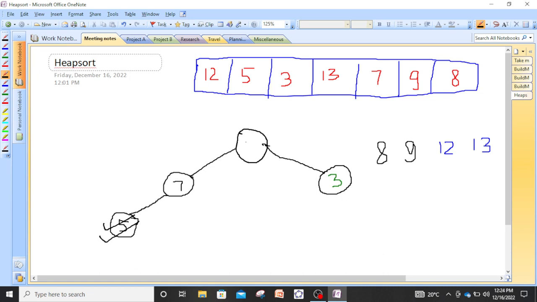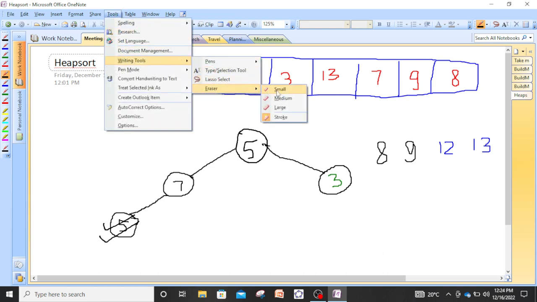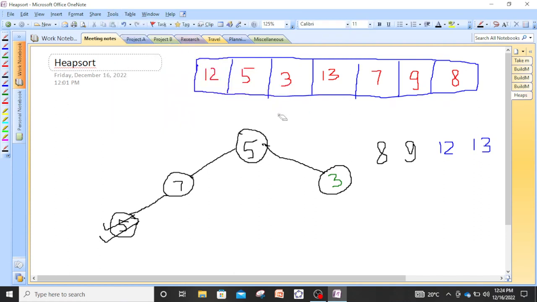So I place 5 here. Since I have placed 5 at the root node, the same element will not be taken inside this structure two times. So this 5 will be deleted. The last 5 you see must be removed, because that has gone to the root node.